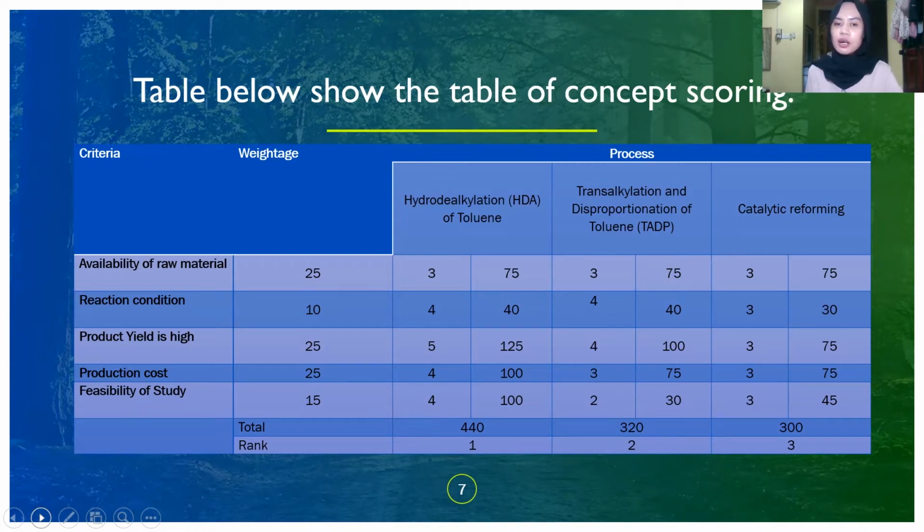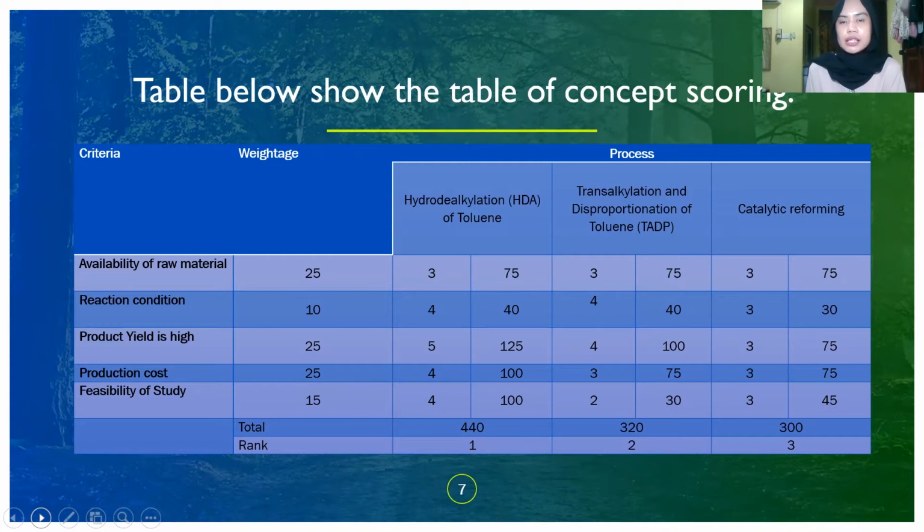These 3 processes are scored 3 for availability of raw material, as all of them need raw material that is easy to find. Next, the reaction condition. Both HDA and TADP were scored 4, while catalytic reforming is scored 3. This is because HDA and transalkylation and disproportionation of toluene need simple reaction conditions, while catalytic reforming is a bit more complex than HDA and TADP.